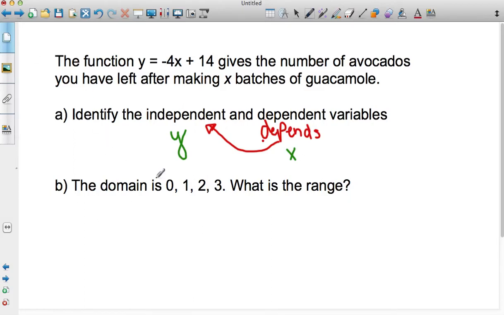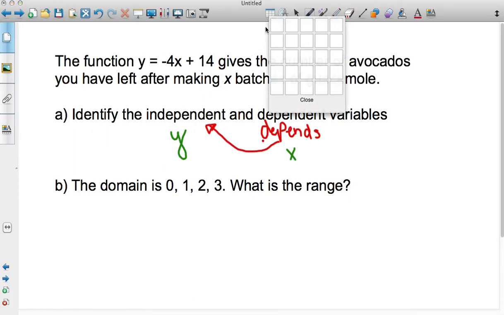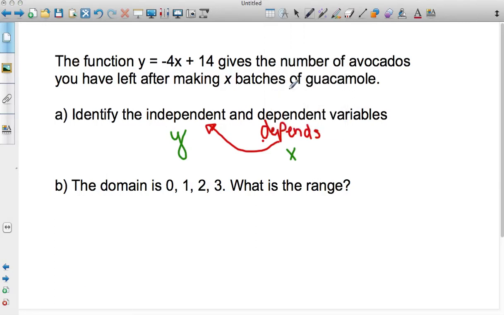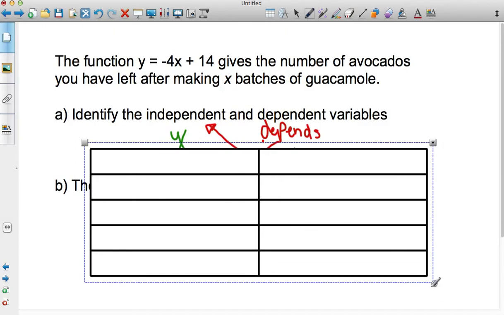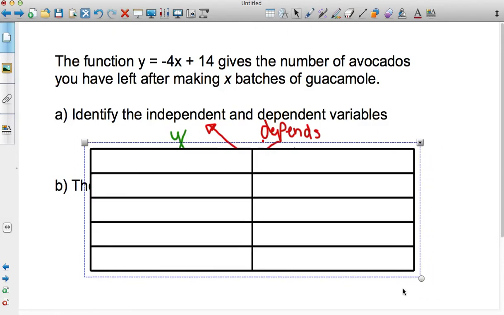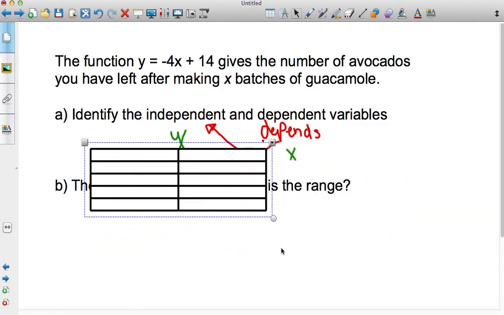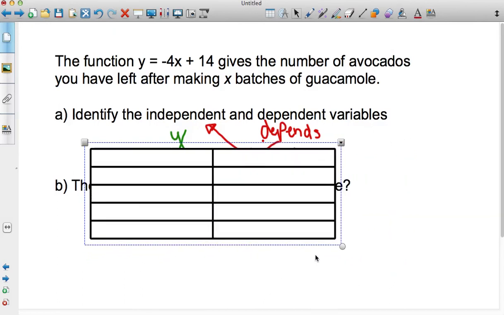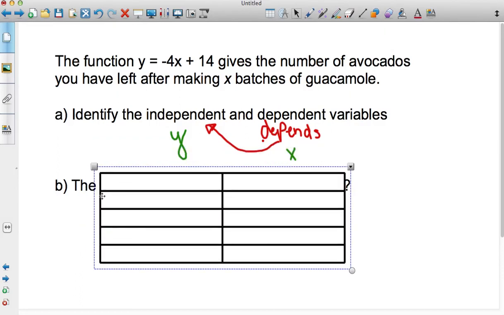What is the range? Easiest way, I think, would be to make an XY table. We have 0, 1, 2, 3. Perfect. Ooh, that's big. Let's make it smaller. Well, it looks like it's going to be this size. We'll use it.